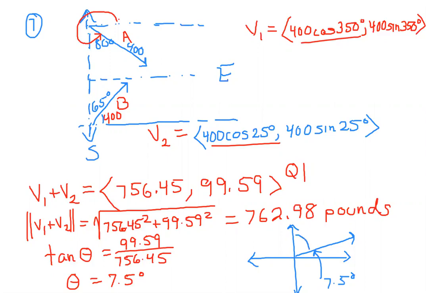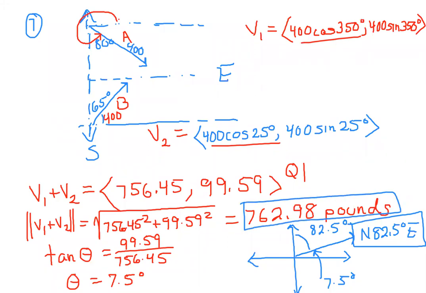So we take 90 minus 7.5, and we get 82.5. And our quadrant bearing, this direction here, is north 82.5 east. That is our answer for the direction, and this is our magnitude.